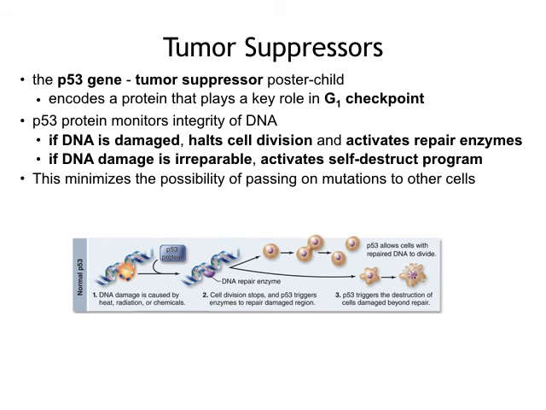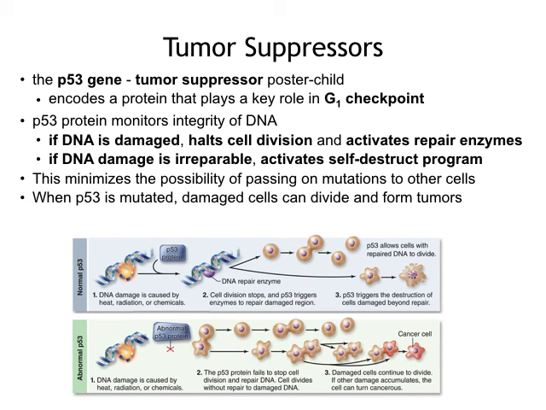And why? Because this minimizes the possibility of passing on mutations to other cells. Now, you can imagine that when P53 is mutated or inactivated, cells that have mutations in their DNA can divide and form tumors with no problem.